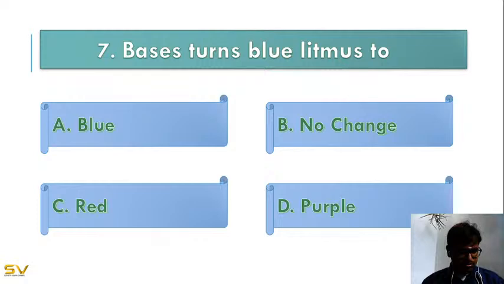Now I'm revealing the answer. It's no change. So option B is correct. Because blue litmus in bases won't change. If red litmus is placed in bases, it turns blue, whereas blue litmus doesn't change. So no change. Very good.